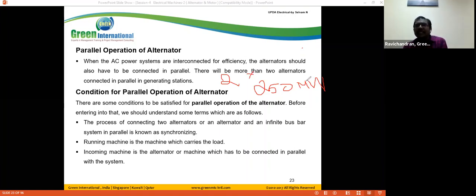In the daytime, our requirement is 250 megawatts. At night, in the peak hours, we need 500 megawatts. If we had a single 500 megawatt alternator, it would run the entire 24 hours, so to avoid that, we have 2 into 250 megawatt.